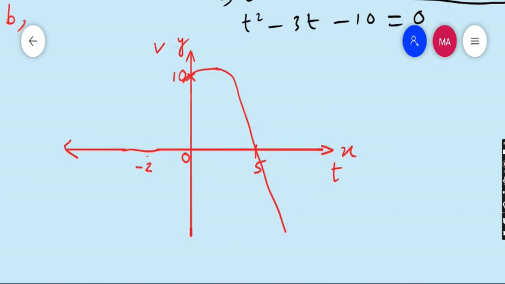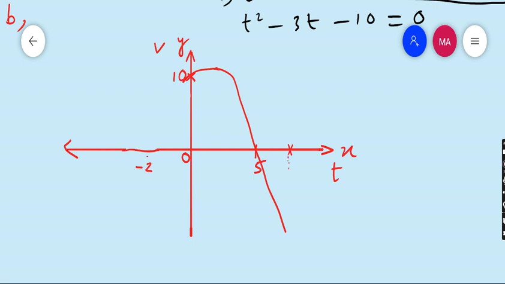So you know, velocity time graphs can give you the total distance. This is 0 and this is 5, after 5 is 6, and this is 7.